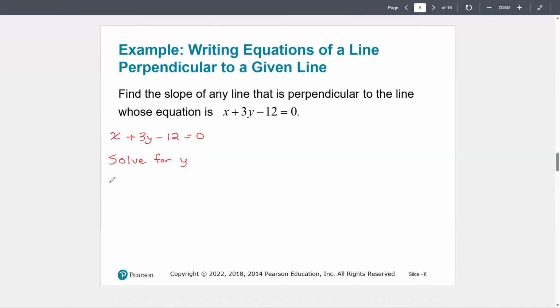If I do that, we can just subtract 3y from both sides. So we would get x minus 12 is equal to negative 3y. And then we can divide by negative 3. And what we'll get is y equals negative 1/3 x plus 4.